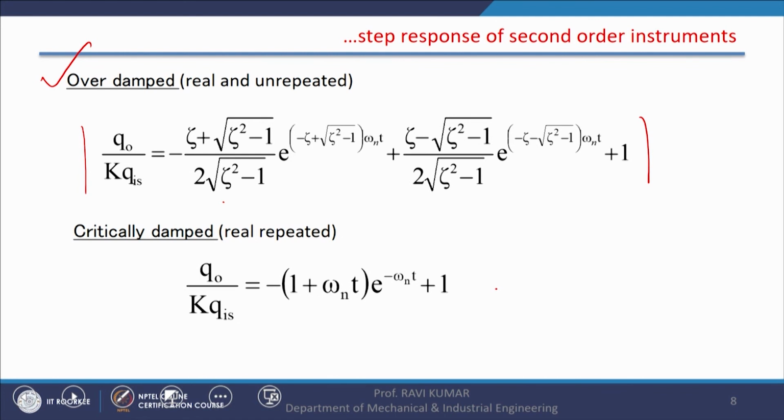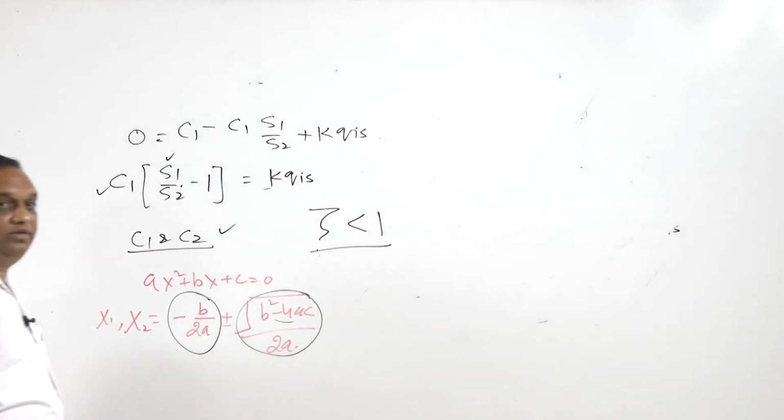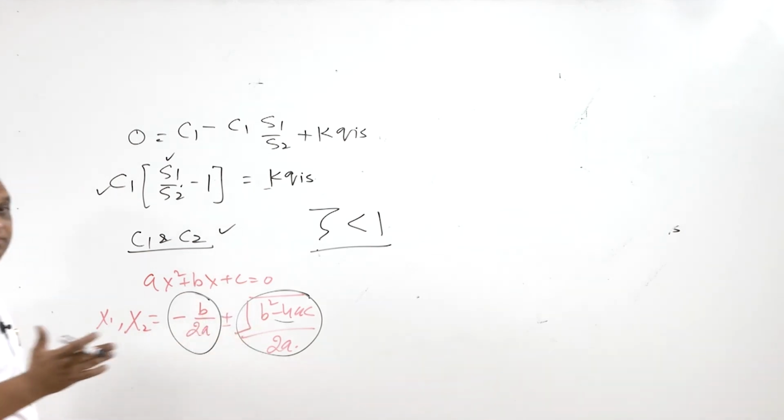Now, the third one is the underdamped system. This is when the roots are complex, that is, zeta is less than 1. When zeta is less than 1, we are going to get a complex expression.